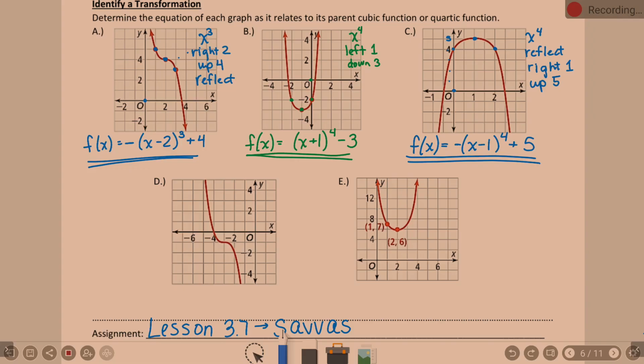Okay, D. What shape is D? This is an x to the 3rd. What do we know about this x to the 3rd graph? It is reflected. It's supposed to be increasing, going up, but instead it's decreasing, going down, so it is reflective.